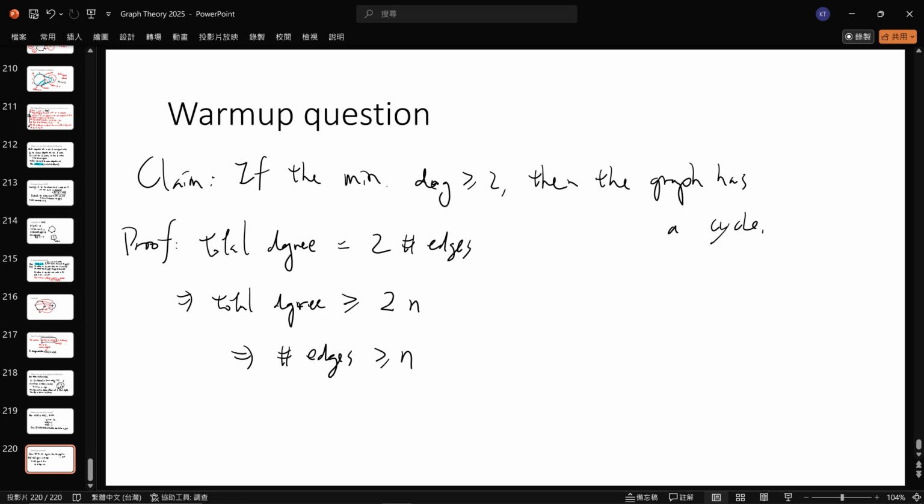Now, if the graph has at least n edges, how do we build a cycle? Here n is the number of vertices. Say you have 10 vertices, then you have 10 edges. So how do we find a cycle?